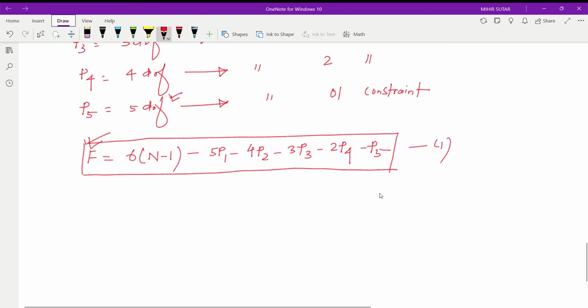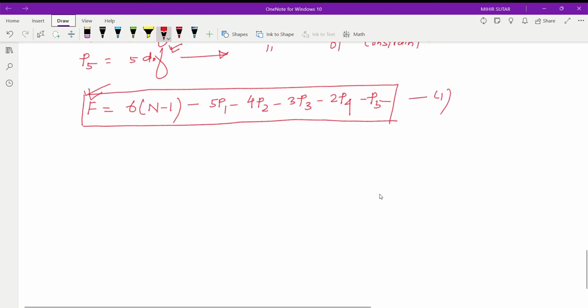Now this equation 1 is known as Kutzbach's criteria. Now what you see in most cases is mechanisms subjected to planar conditions, that is, 2-dimensional.